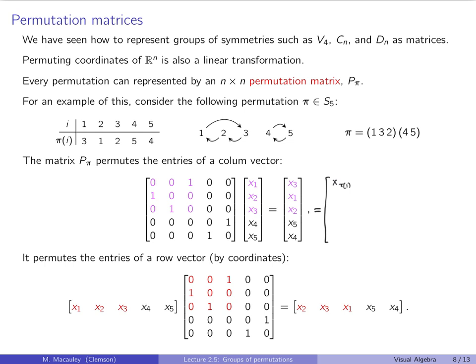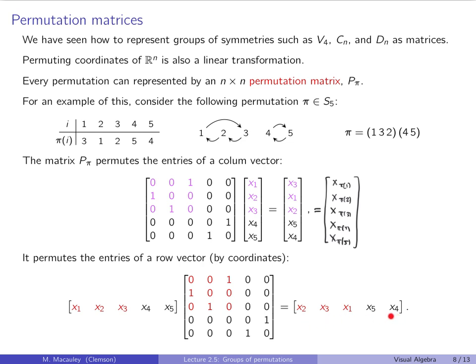This x1 is x of pi 2. And x2 is x of pi 3, because that's where 3 gets mapped to. So this is x of pi 3, x of pi 4, and x of pi 5. So pi permutes the coordinates like this.